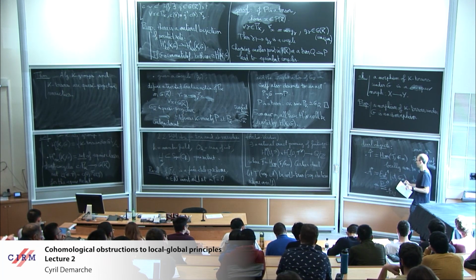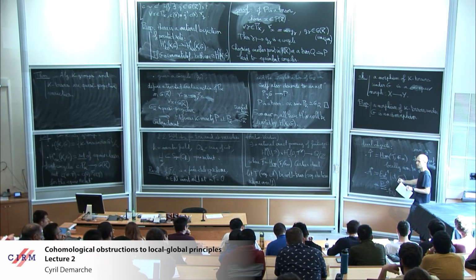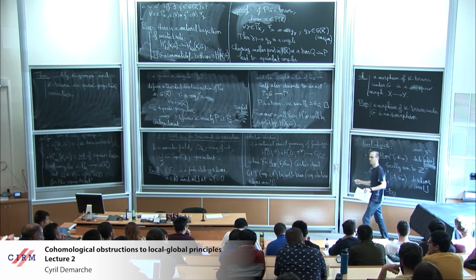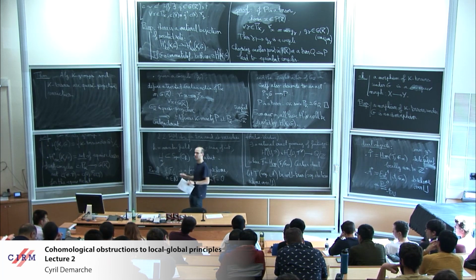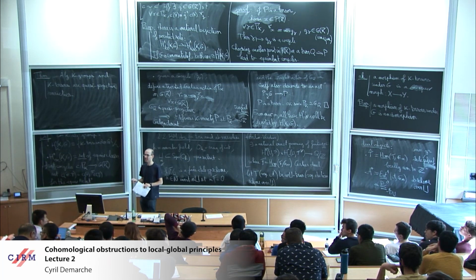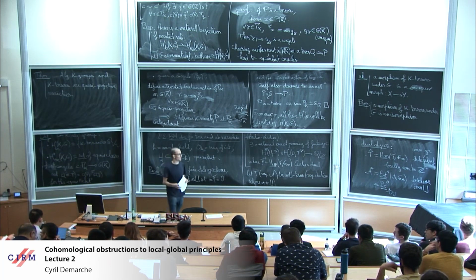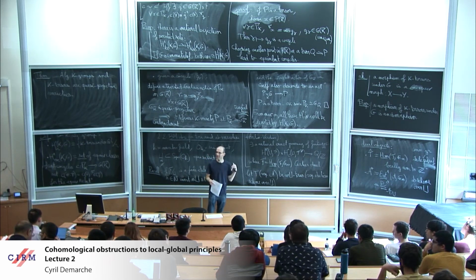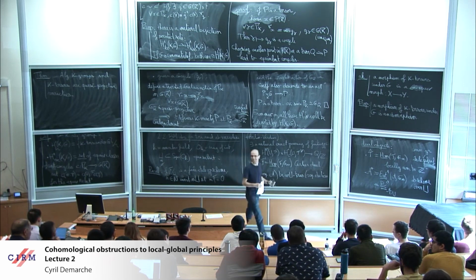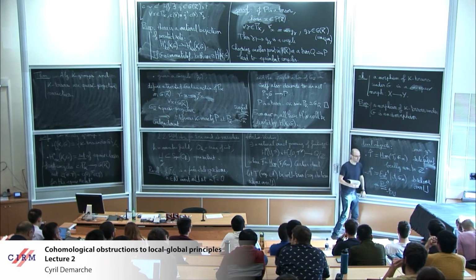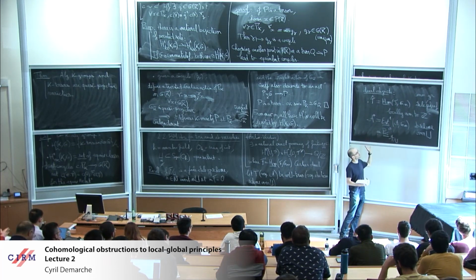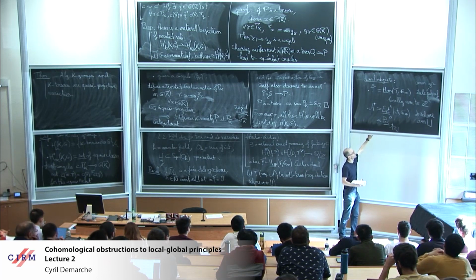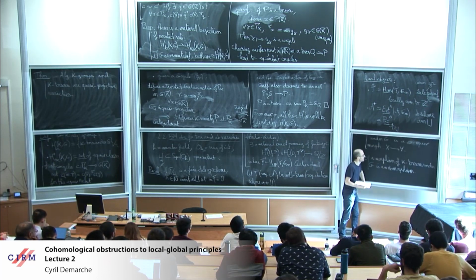I think it is automatically the same as the Ext^1 in the category of commutative group schemes. This category is a bit subtle because there are no injective objects. That's why I prefer thinking about it this way. There's subtlety about this definition here.